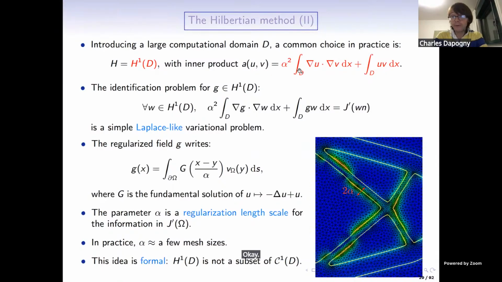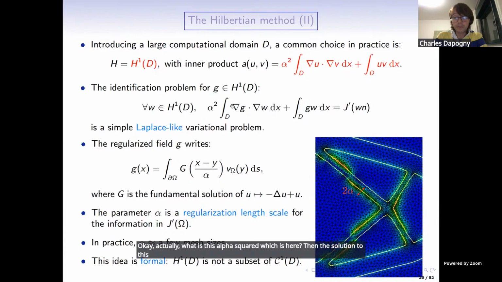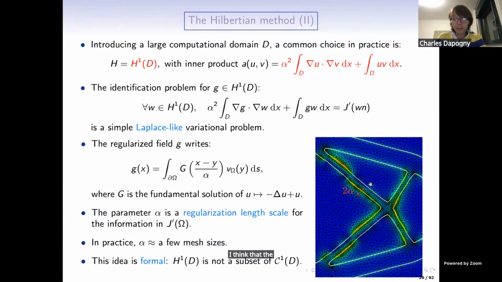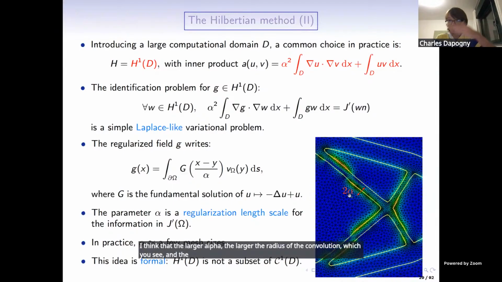Actually, what is this alpha squared, which is here? The solution to this problem here, we can write it as an integral over here, where G is a fundamental solution. This is a convolution. So forget about the formula, but this is a convolution. And the radius of the convolution is alpha. Think that the larger alpha, the larger the radius of the convolution, and the larger the radius over which we are going to smooth the information contained in the shape derivative. Okay?